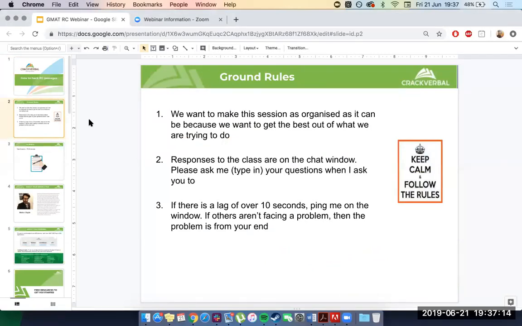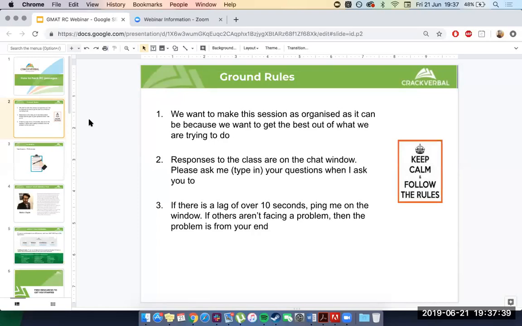So a few ground rules. We're trying to be as efficient as possible, so all of the rules that we're going to have in place are in service of making the meeting go by as efficiently as possible. There are a couple of ways that you can get in touch with me, or rather say what you would like to say.